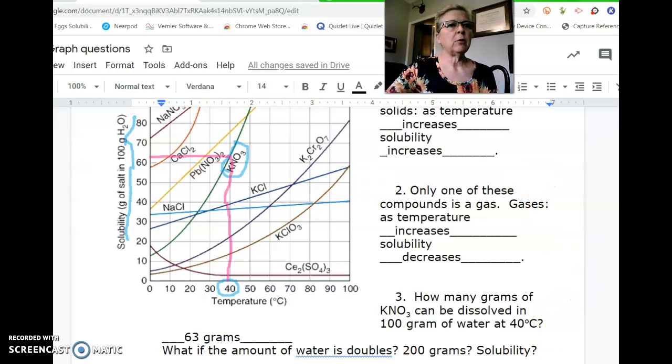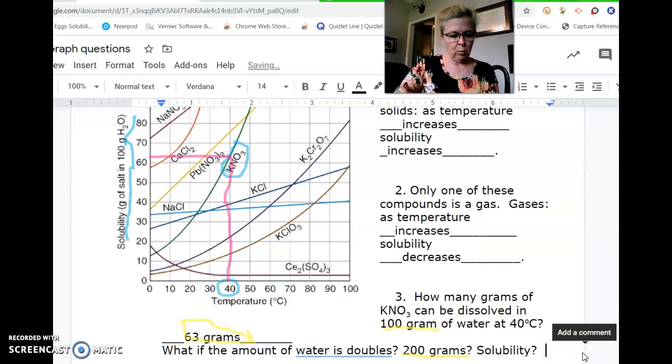We had a solubility of 63 grams in 100 grams of water, but now what about 200 grams of water? To figure that one out, we simply have to recognize that we have doubled the amount of water, so we are doubling the amount of grams of solute. So we'd end up with 126 grams to answer this question.